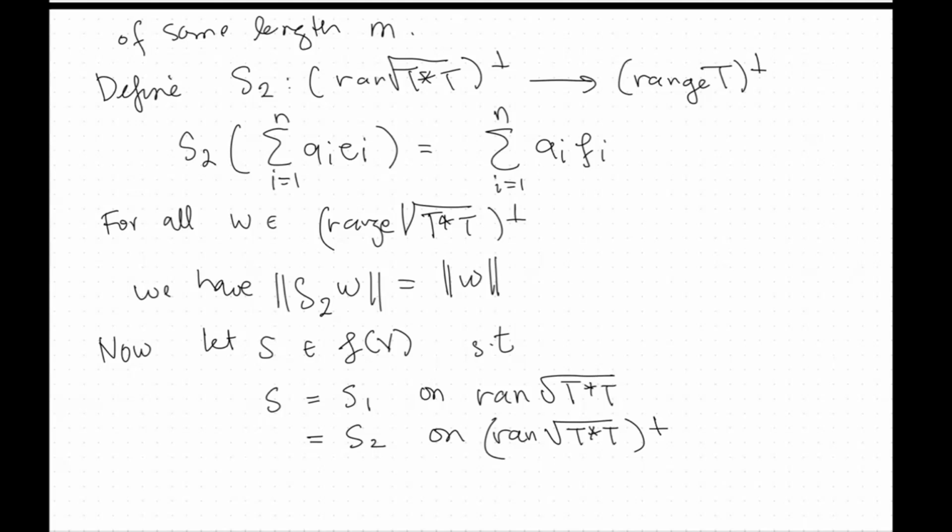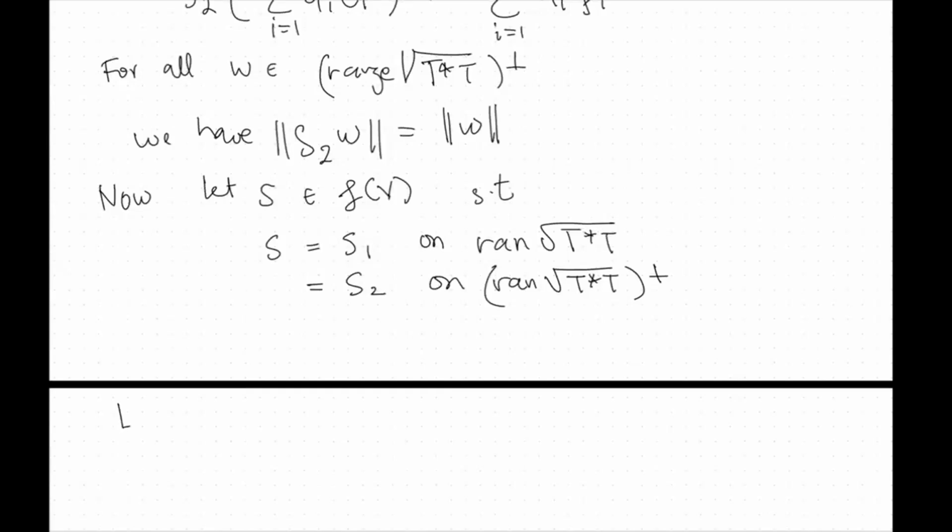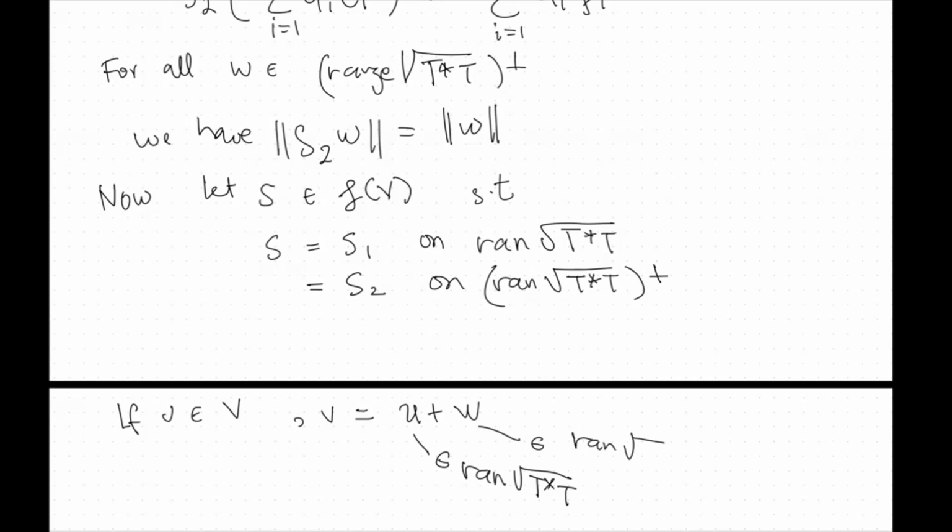Now, if we have a vector V in the vector space, we can write V is equal to U plus W, where U and W are elements of the first subspace and the complement respectively. And of course, we know that they are disjoint.